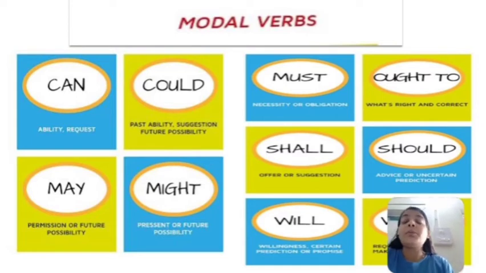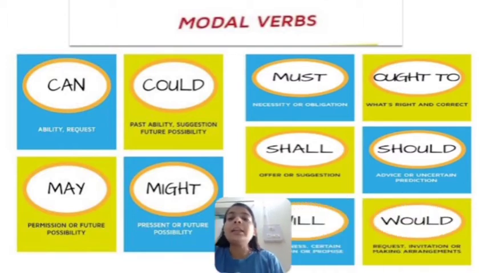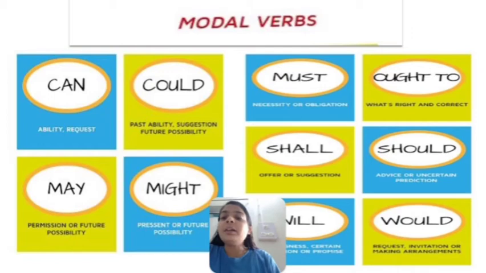Before seeing the features, let's see the types of modal verbs: can, could, may, might, must, ought to, shall, should, will, and would.